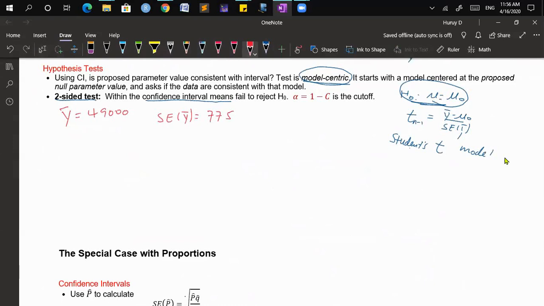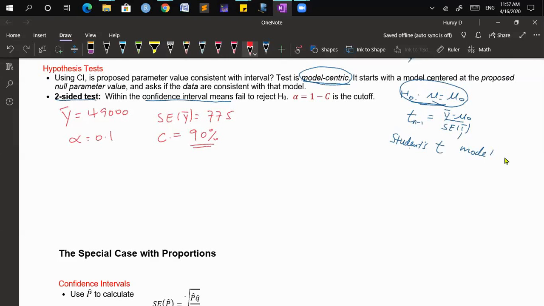Since alpha is 0.1, we are given this alpha, so the confidence level C has to be 90%, which means 1 minus this is 0.9, and converting that to percentage is 90%. So we are trying to construct a 90% confidence interval.